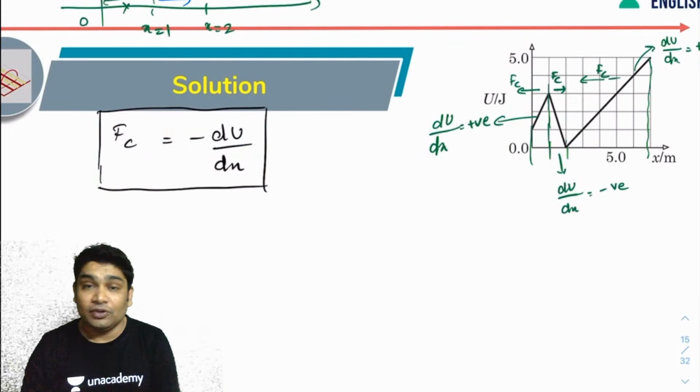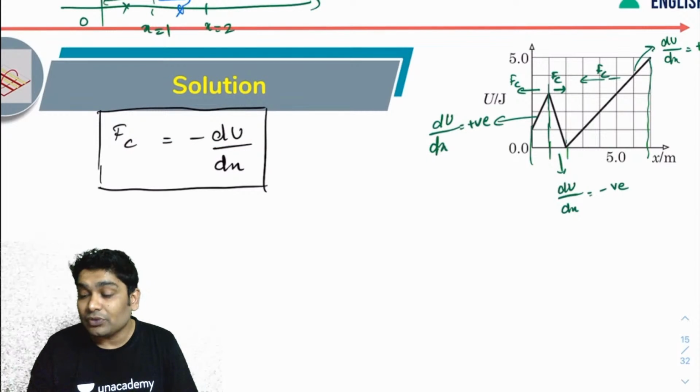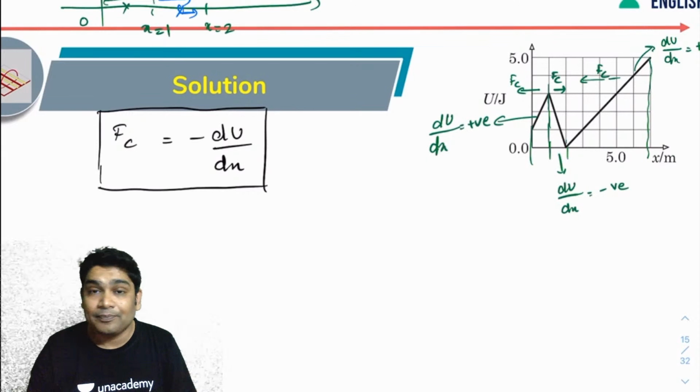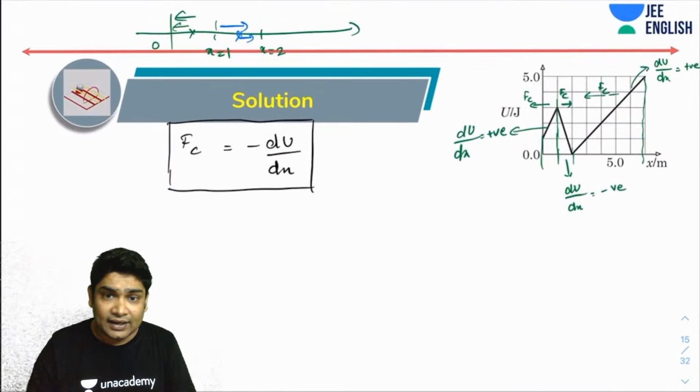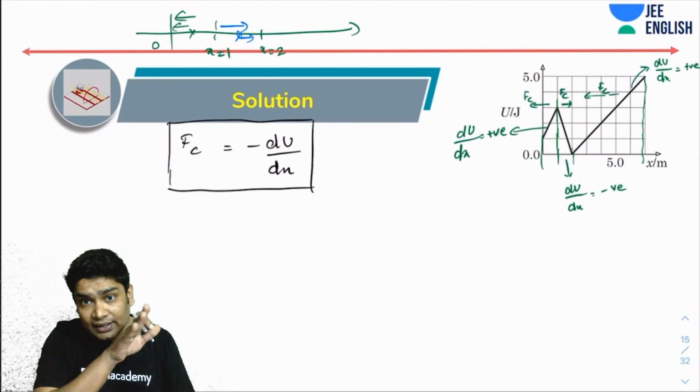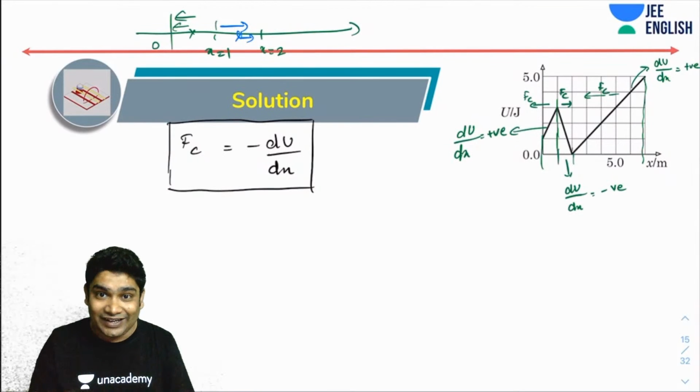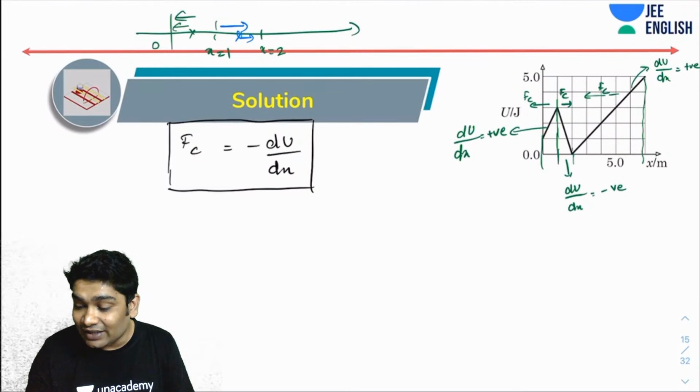So anywhere between x equals 1 and 2, you would have felt a force towards the right, or the positive direction, positive x. Okay, that is what I'm trying to say. This is the negative x direction, minus x direction. This is the plus x direction.